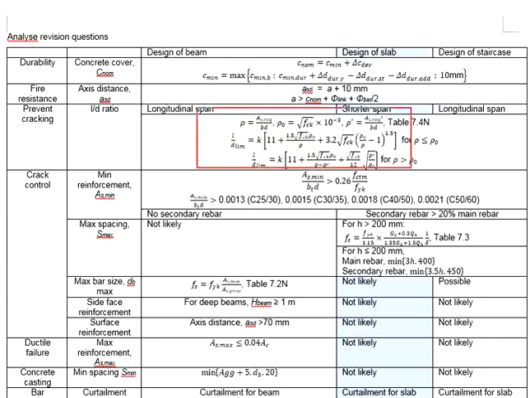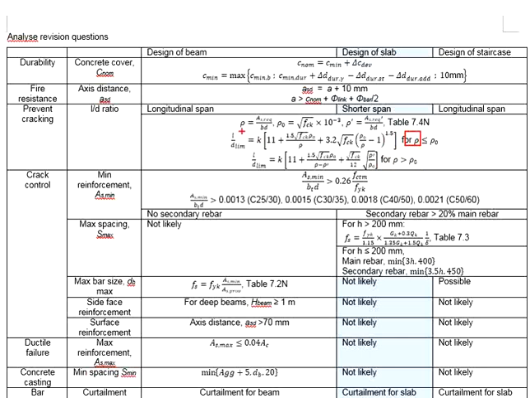These are the equations for you to calculate the L per D ratio, which serve as the limits, where the actual provided L per D ratio shall not exceed those limits. There are two equations for you to determine the L per D ratio limits. This is dependent on the relationship between the rho and the rho node.